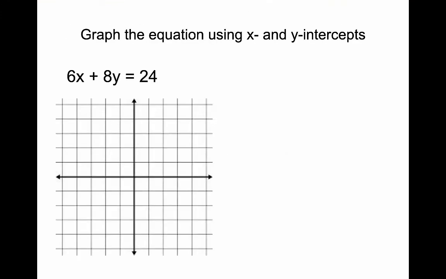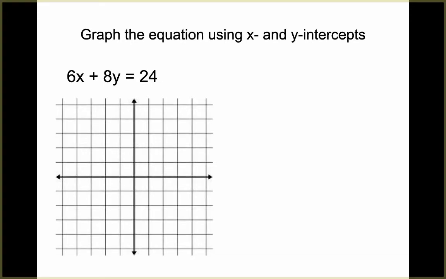So a reminder of what we did yesterday: graph the equation using the x and y intercepts. So you recall we want the x-intercept. If you recall, to get the x-intercept, we will replace y with 0. We get 6x plus 8 times 0 equals 24.